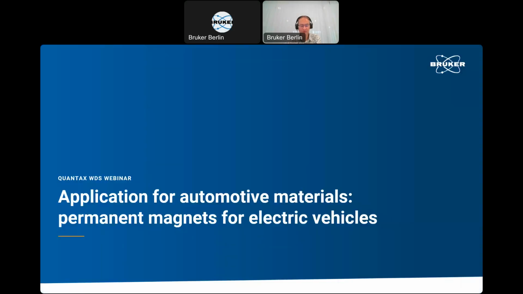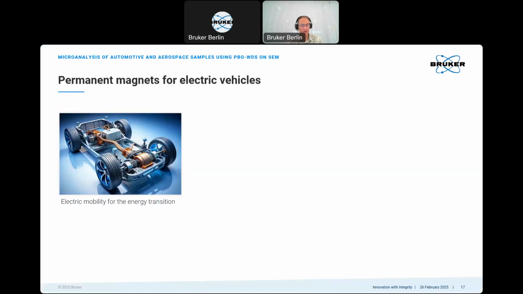So that's it for the catalytic converters, and we move on to more modern vehicles. And this is now on electric cars. We continue with electric motors, and for these we will have a look at permanent magnets.